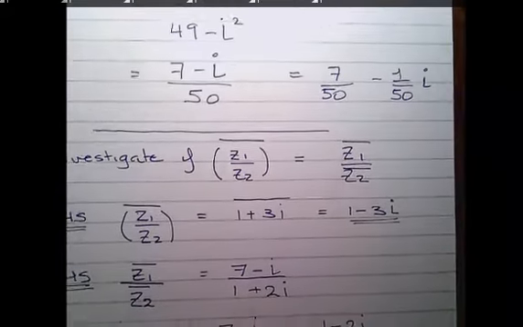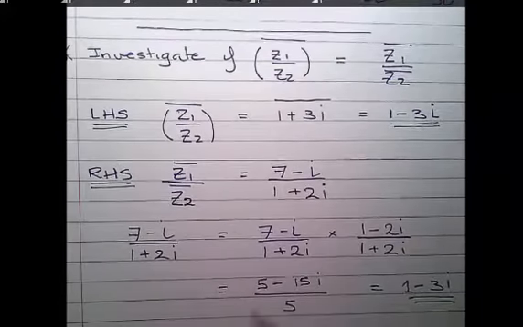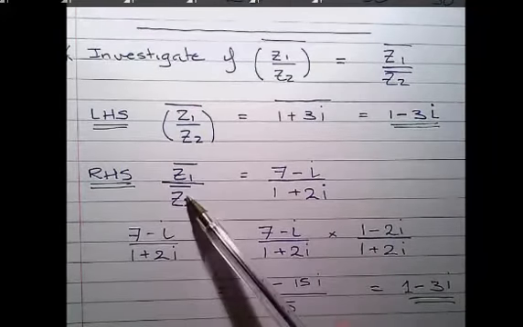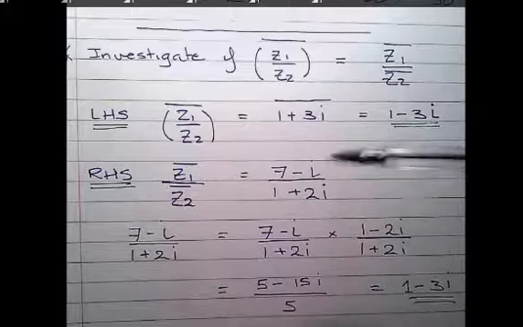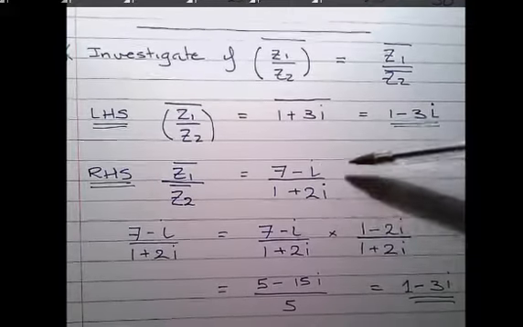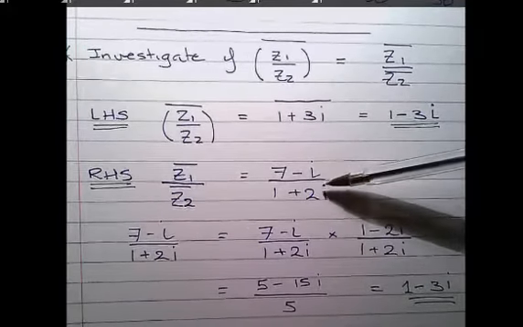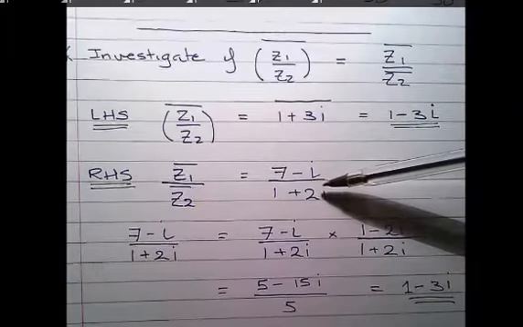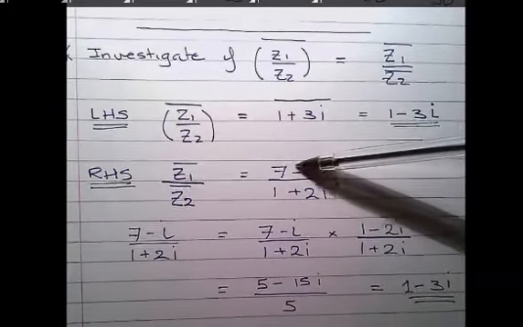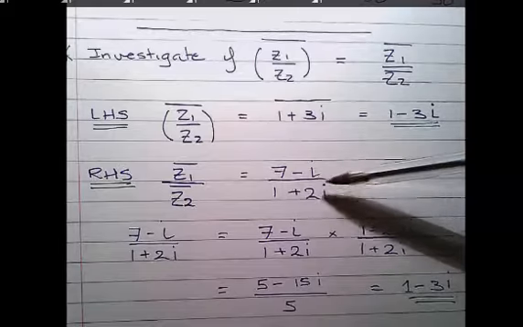The right hand side is the complex conjugate of Z1 divided by the complex conjugate of Z2. What we're about to do is what we've done already. It's a complex number division: 7 minus i divided by 1 plus 2i.